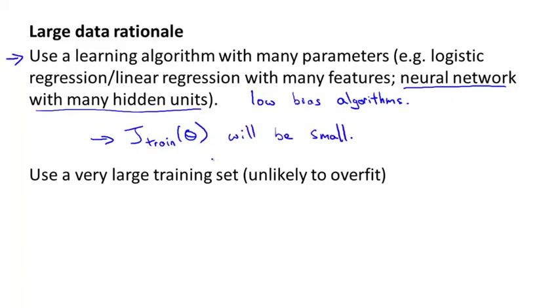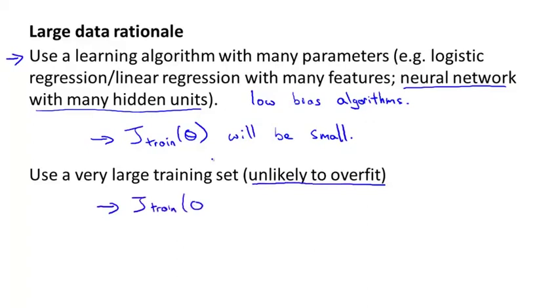Now let's say we use a massive training set. If we have a huge training set, then even though we have a lot of parameters, if the training set is much larger than the number of parameters, then hopefully these algorithms will be unlikely to overfit, because we have such a massive training set.